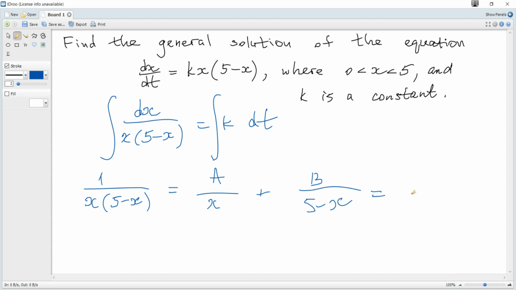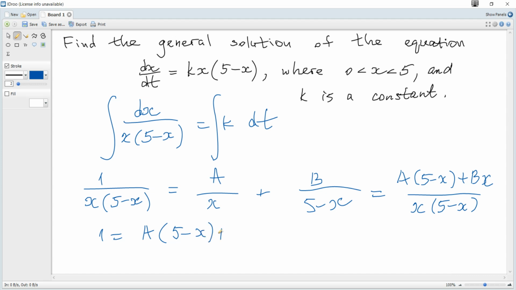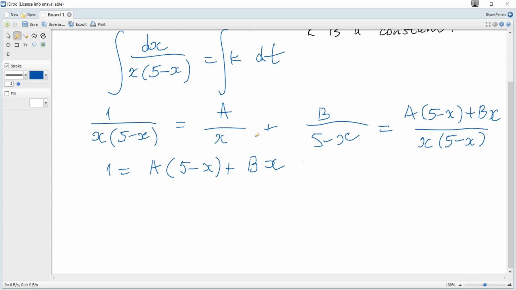And then we do the common denominator again, and it becomes a times 5 minus x plus bx, and equating numerators we get 1 is a times 5 minus x plus bx. To find a and b, let's consider x to be 0, because you can see it becomes 1 is 5a plus 0, and we can find a directly.